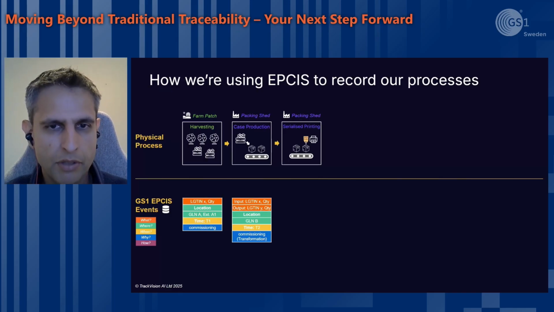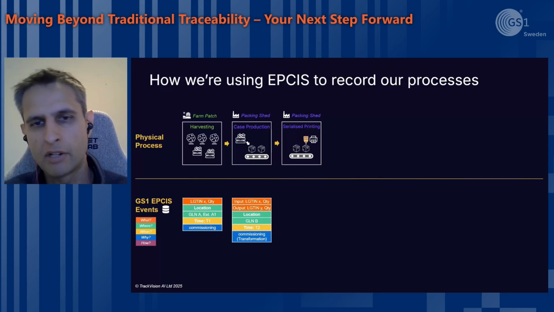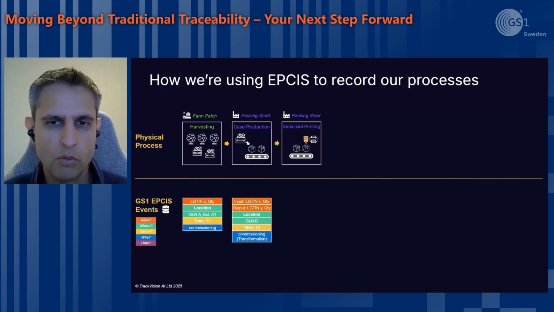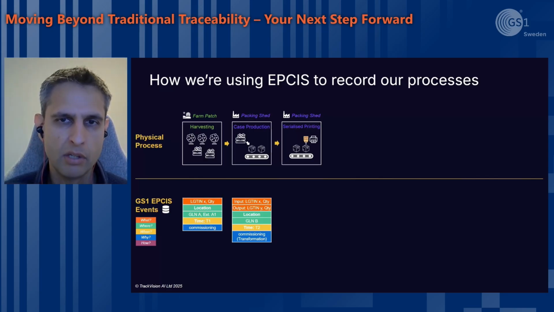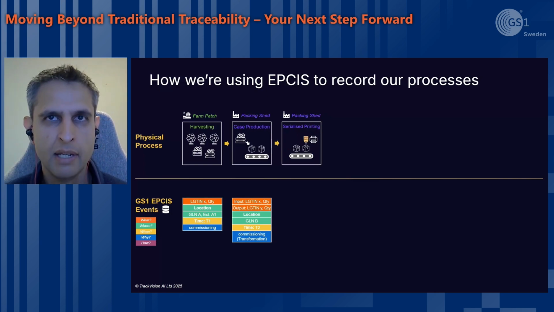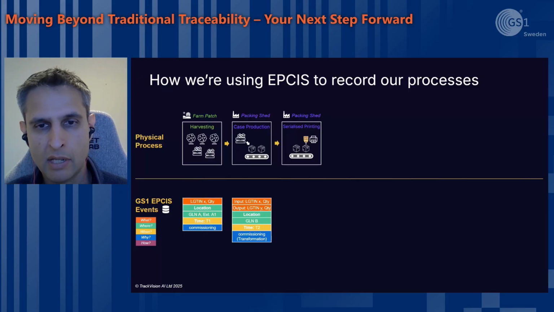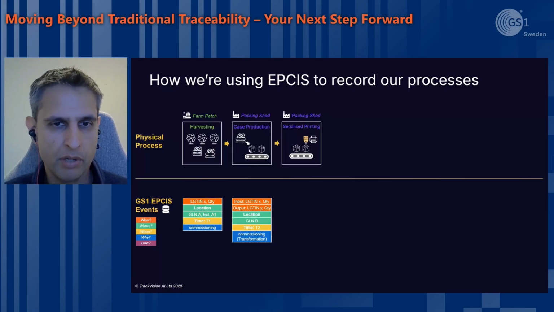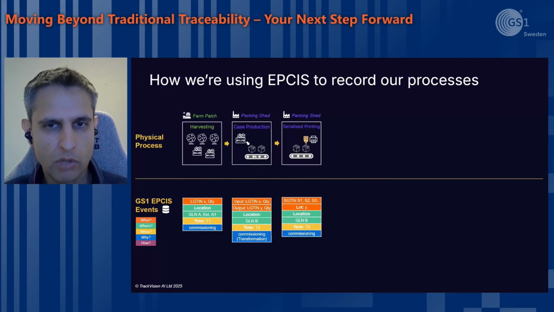One thing we're doing special on this project: so far we're talking about lot level traceability, but we're actually going to move to a serialized model. So what we do is we have dynamic printing going down on the production line, printing out a label with a serialized GS1 digital link. And we're doing that in context of a production batch. So again, we can record an event that records the birth of that serialized identity into the world.